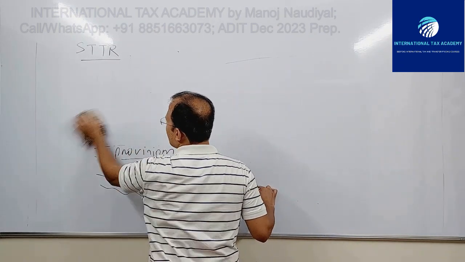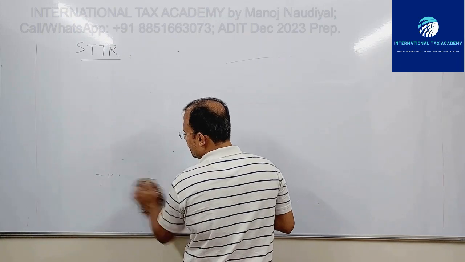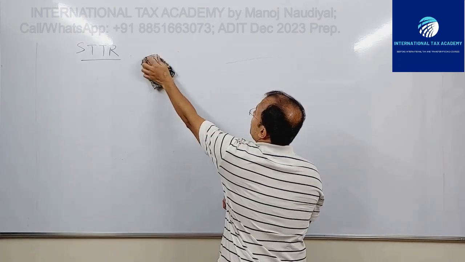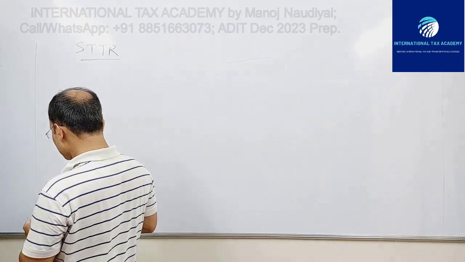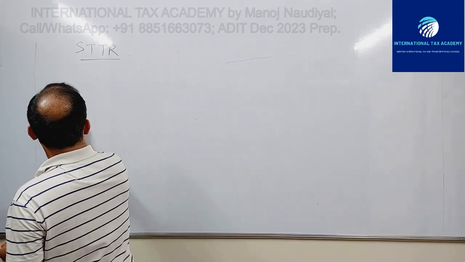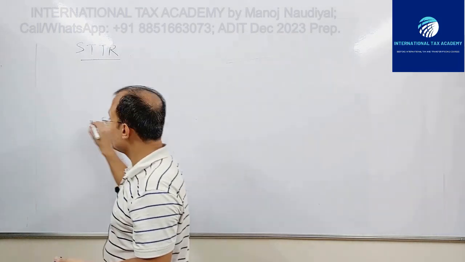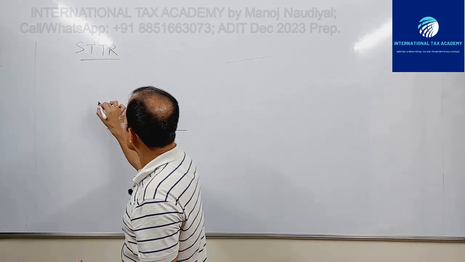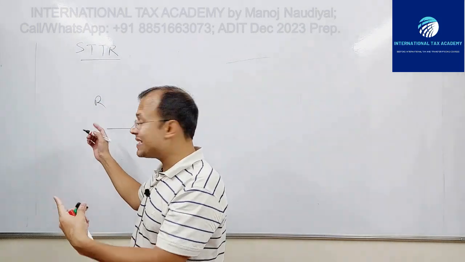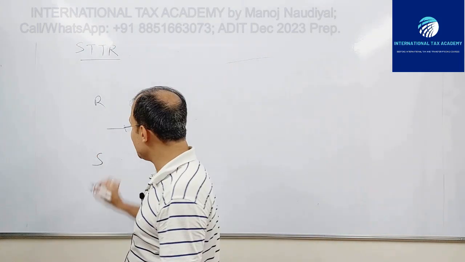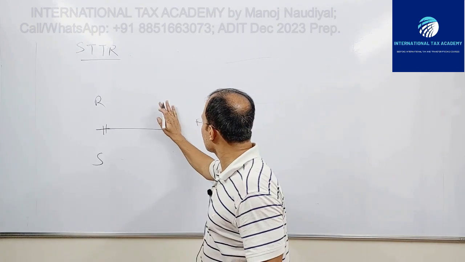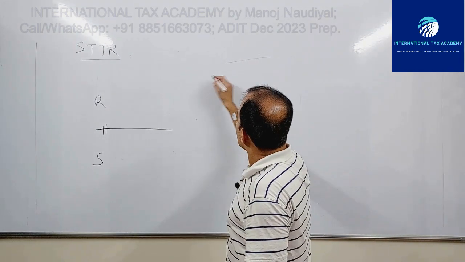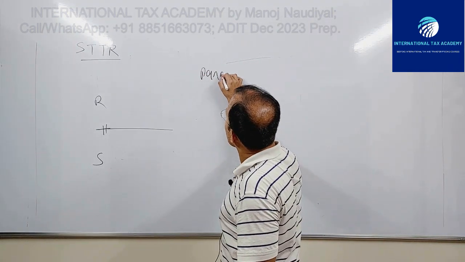So chapter number 1, provision, STTR, 15 paragraphs, one by one. Now we have R, resident state, and S, source state. There is a tax treaty existing between them, R and S. So, paragraph 1.